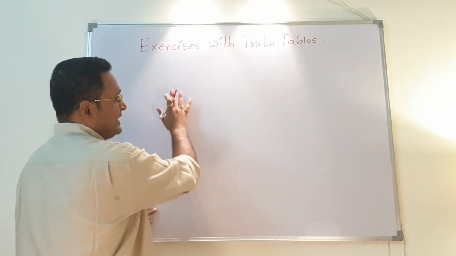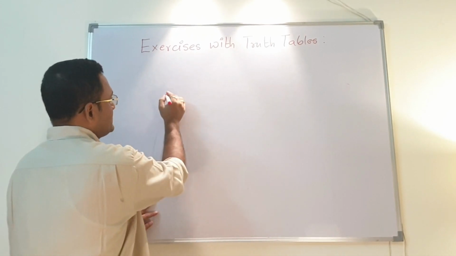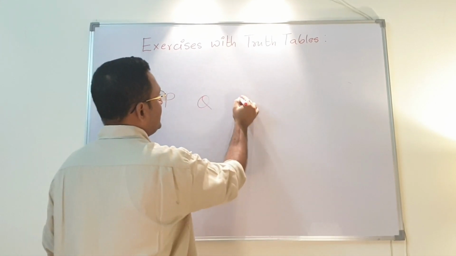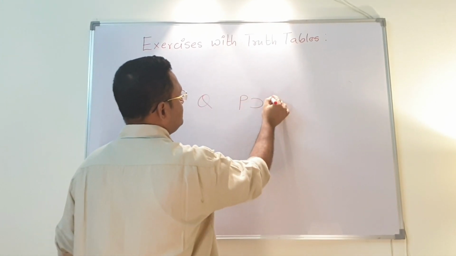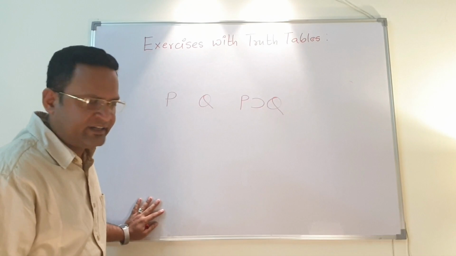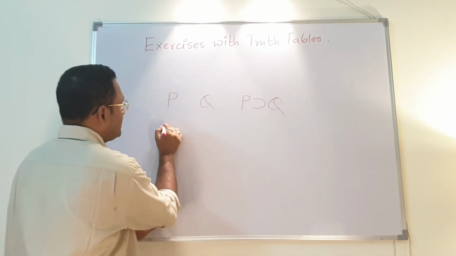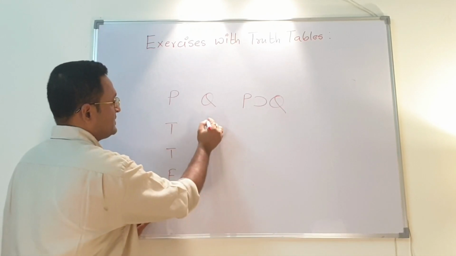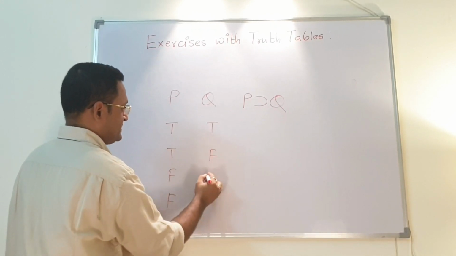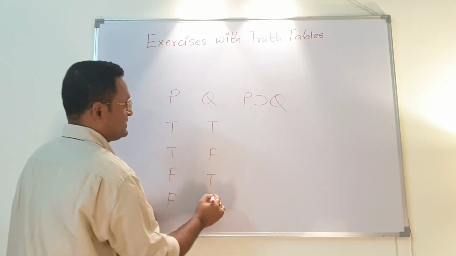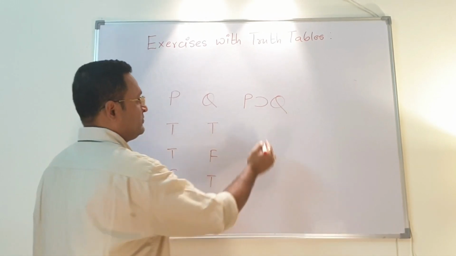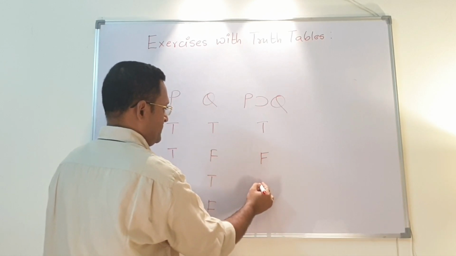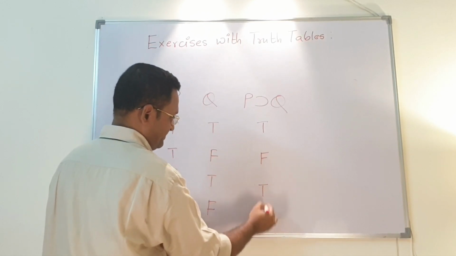As you know, there are only two variables, so there will be 4 rows. One column is P, Q, and P implies Q, because there is nothing more which we have to find. So we will put true, true, false, false for P, true, false, true, false for Q, and we will calculate true, false, true, true.